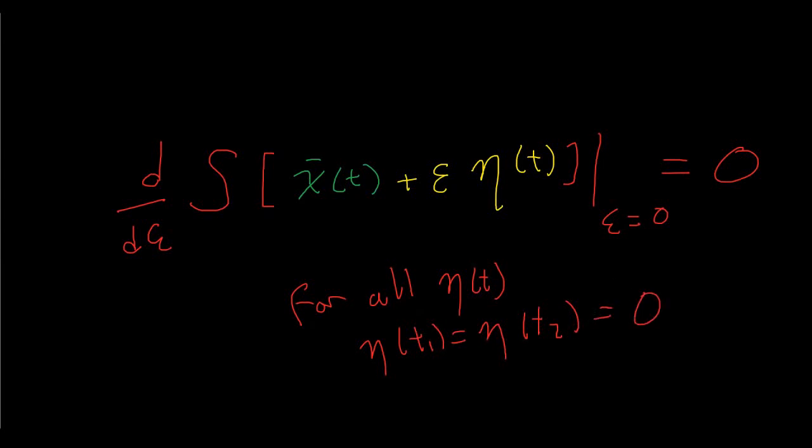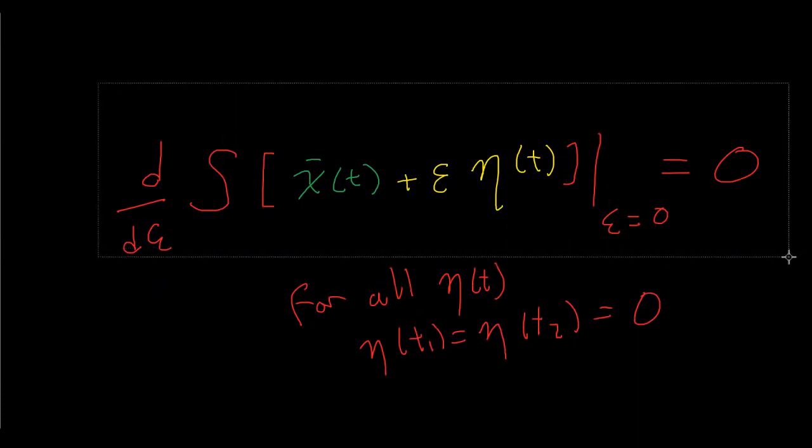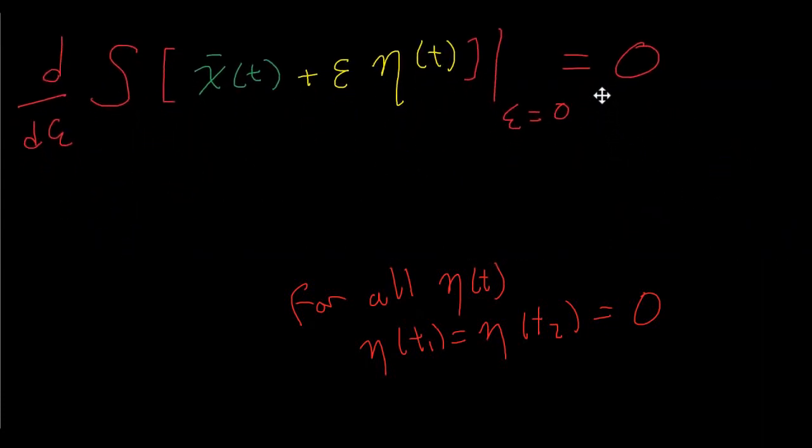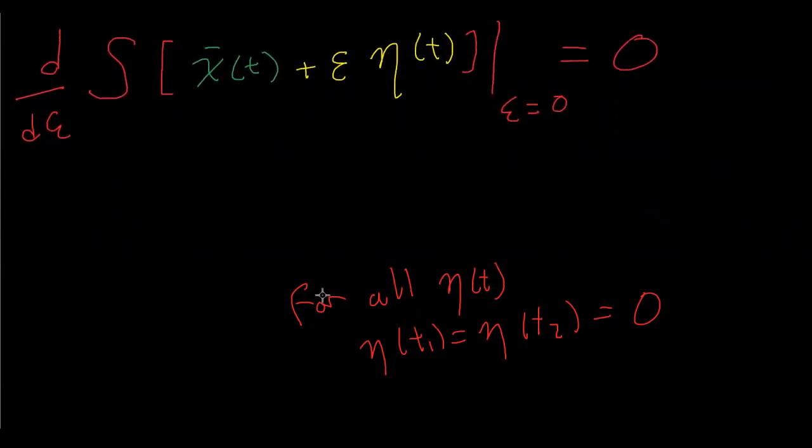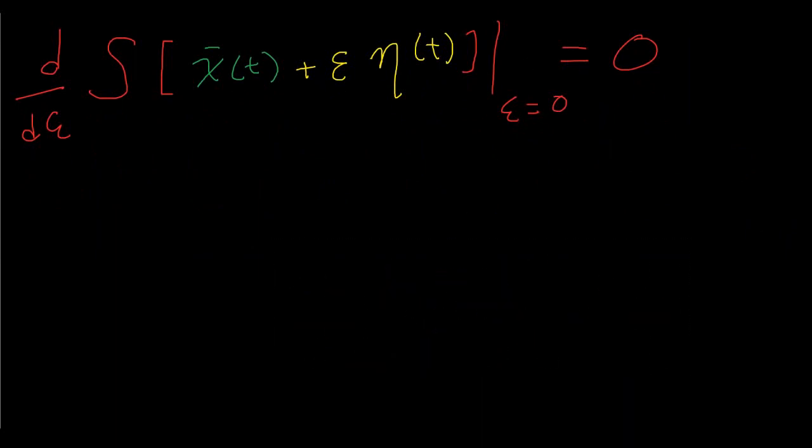All right, now I'm going to write this in a form that is more familiar to physicists. It's going to be the same thing. I'm going to delete this thing right here just to make space, but it's still true. All right, what is S of x bar of t plus epsilon times eta of t?